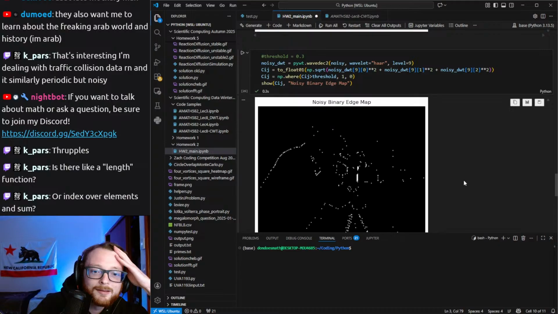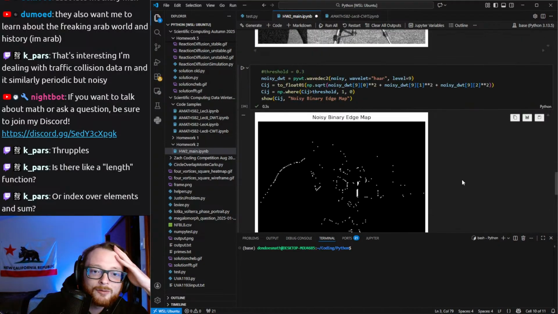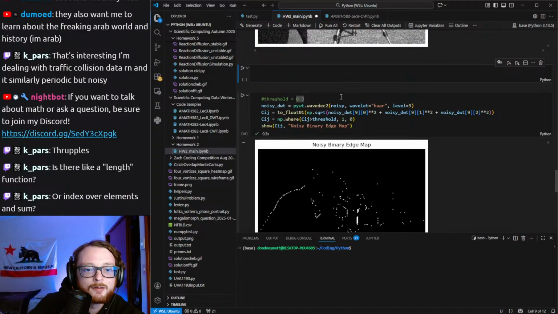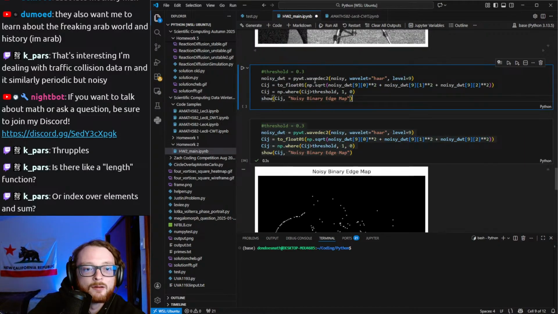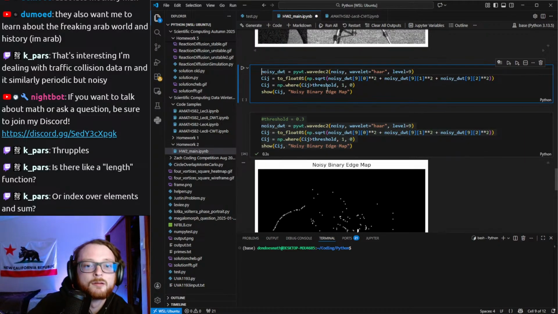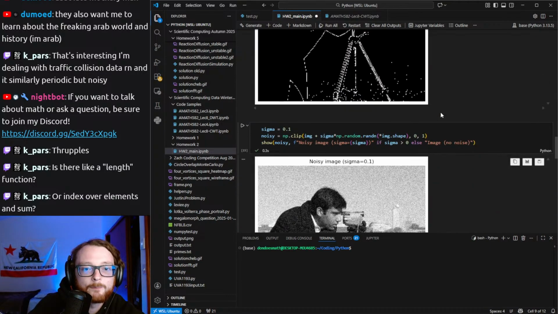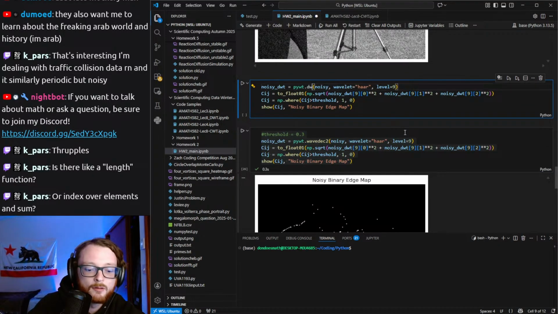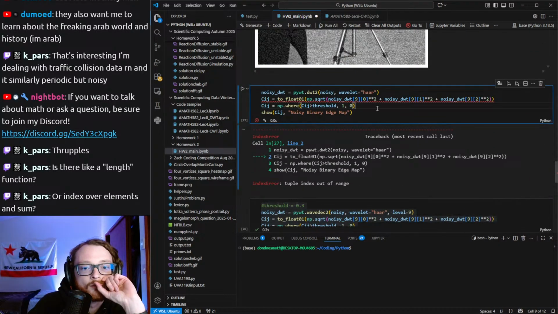Okay. Is that the exact same though? I wish I didn't delete the old one. What was the thing I had here? DWT2? Okay. Oh, restart. Jupyter Notebook is kind of, it's really convenient for certain things and really inconvenient for other things.